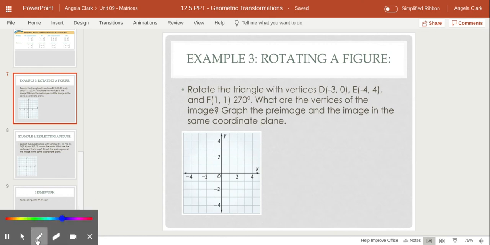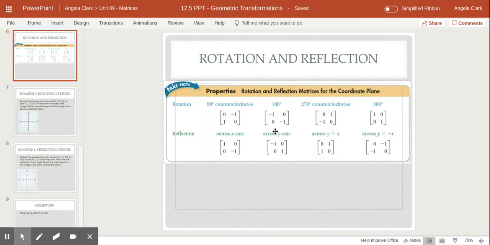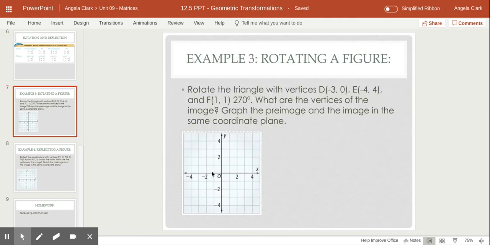First of all, I need a rotation matrix for 270 degrees. So I'm going to go back up here. 270 degrees is this one, so 0, 1, negative 1, 0. Before I forget that, I'm going to write it here. So that's my transformation matrix.